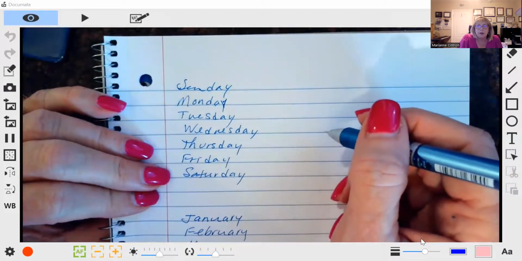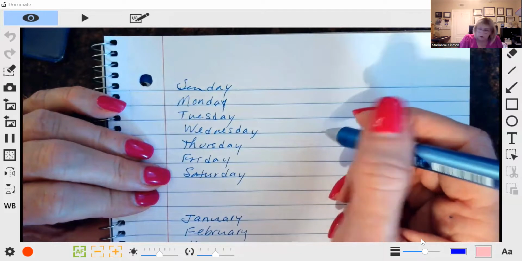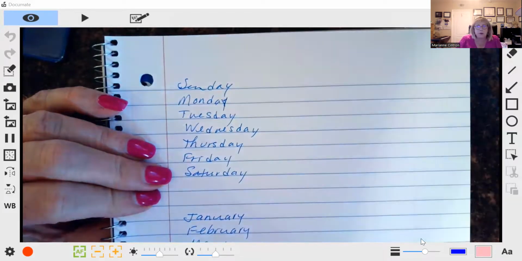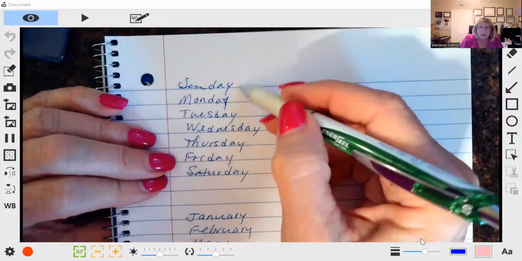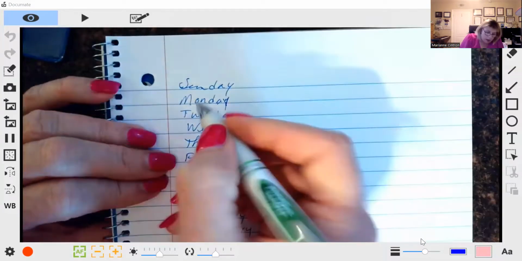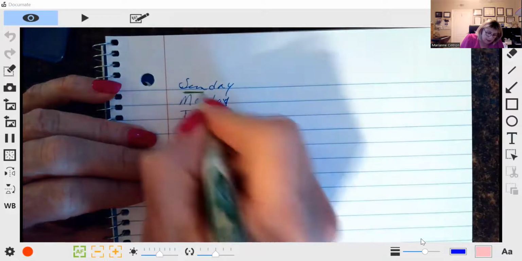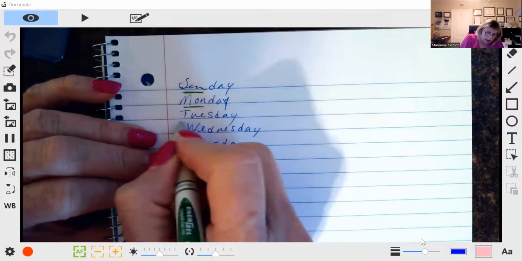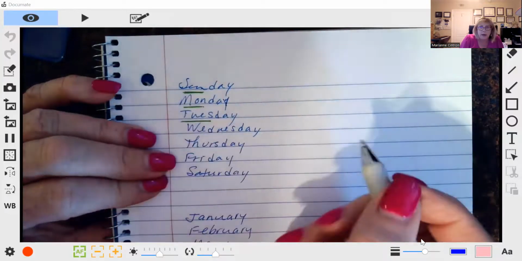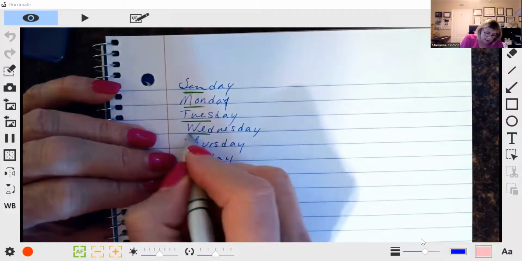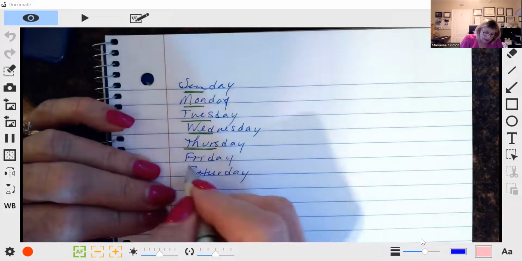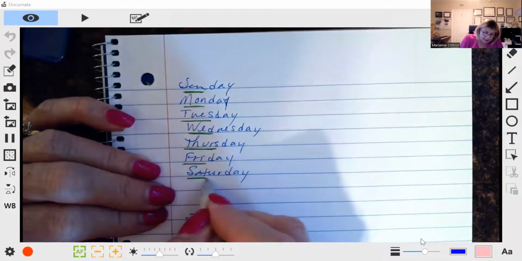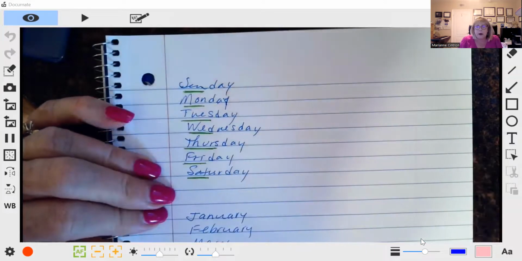And so what the students may know how to do is abbreviate. After they write them, I have them write them the correct way. I want them to underline SUN, MON, TUES, WED, THURS, FRI, SAT, because that's how we abbreviate it on a calendar.